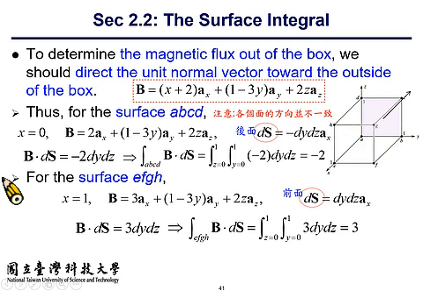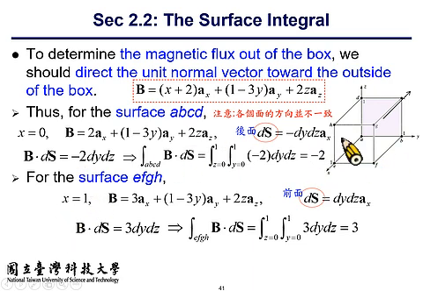Only the x component counts. So the x component of B on that surface is 2, so it is simplified as minus 2 dy dz, and you take the integral along y direction and z direction, so it's just minus 2.